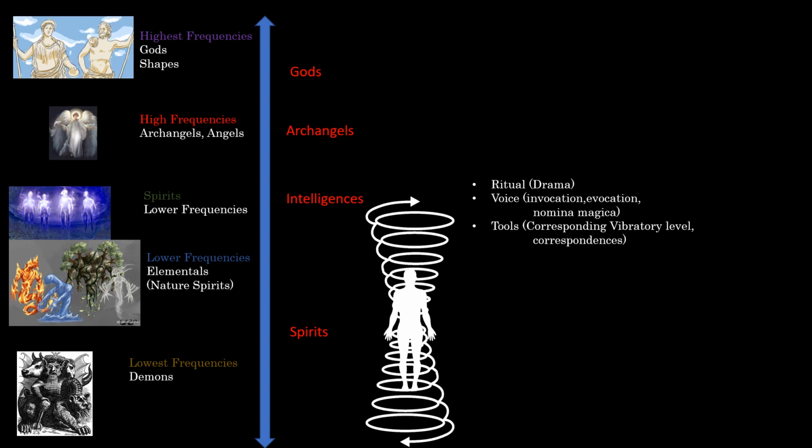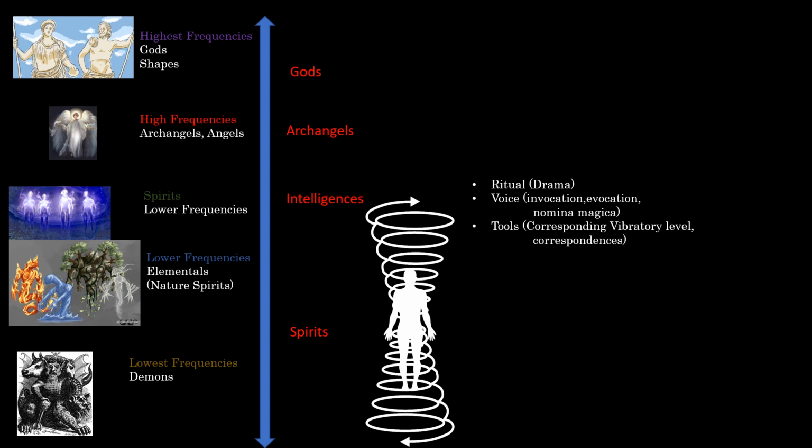Why do we do a ritual in magic? The ritual is a drama. A ritual is a performance. A ritual is like a movie that takes you to another vibration. And this is exactly the reason why there is a certain element of acting in the ritual of magic.